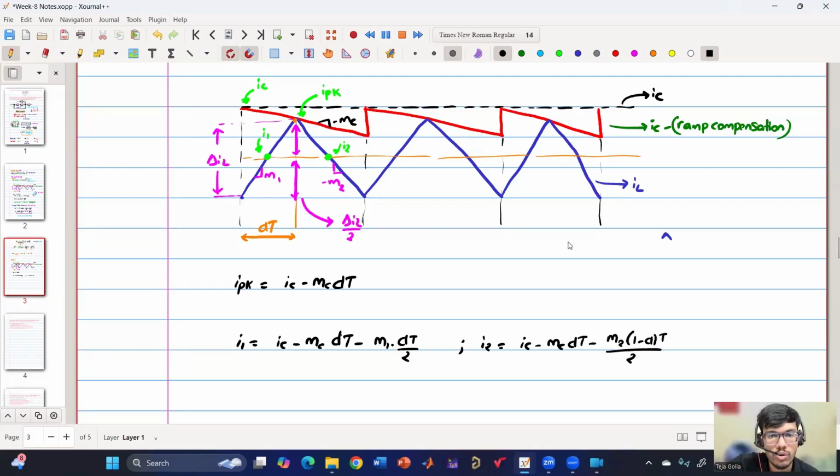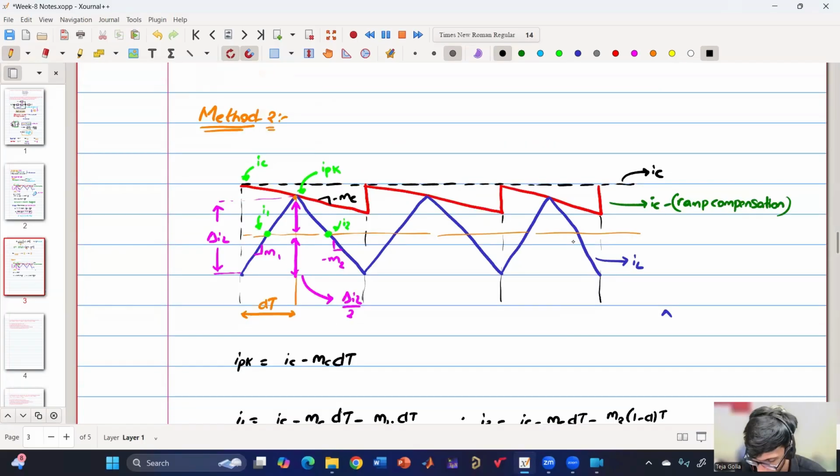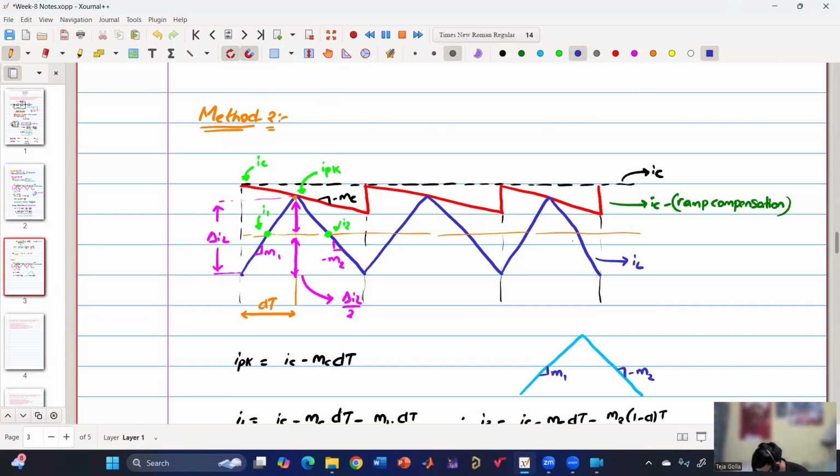So you know that we have the inductor current like this, and we have the slope M1 and we have minus M2. And you know this is dt and this is d prime t.